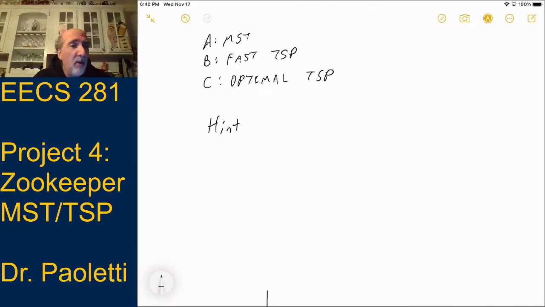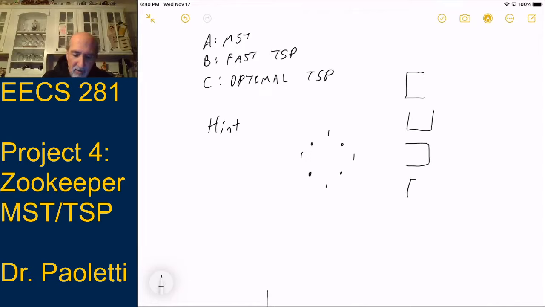So for example, in Part A, if I had something like 4 vertices, well, if I do an MST of this, and let's say that the distances here are all 1, there could be several different MSTs. I could have an MST like this, MST like this, MST like that, MST like that.